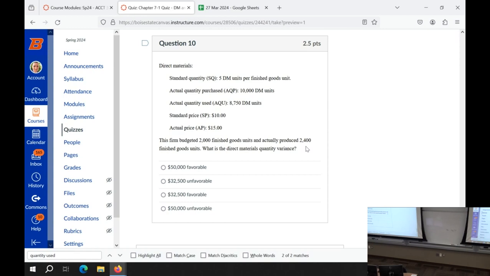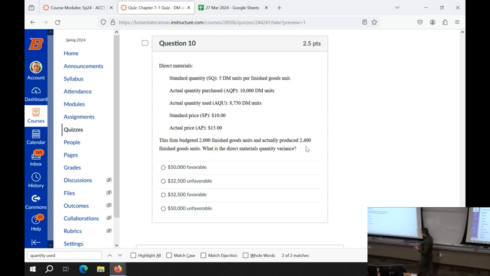Likewise, when we're doing the variance analysis, the idea is to get to a point where we have enough information to ask the right questions so that we can improve performance in the future. Get more favorable variances. If we got favorable variances this period, continue that. Or get fewer unfavorable variances. If we got unfavorable variances this period, discontinue that into the future. We want to ask the right person those questions, lay it at that person's feet. So the person who is determining price variances, direct materials price variances, direct labor price variances, is the person who's purchasing that input.